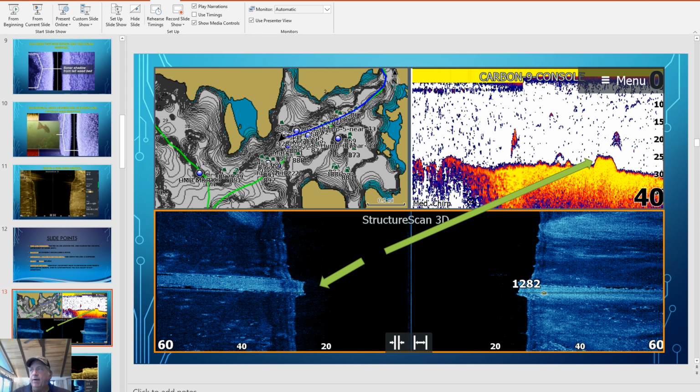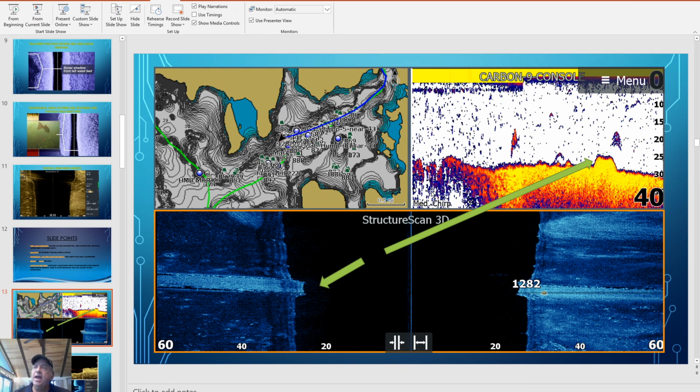You can see right here I have a fish, the traditional, it's not a perfect arch, but there's reasons for that. There's another one over here, and then there's some fish right above that hump, but they're not directly above it. I can tell based on the side imaging view that they're probably off to the side of it.